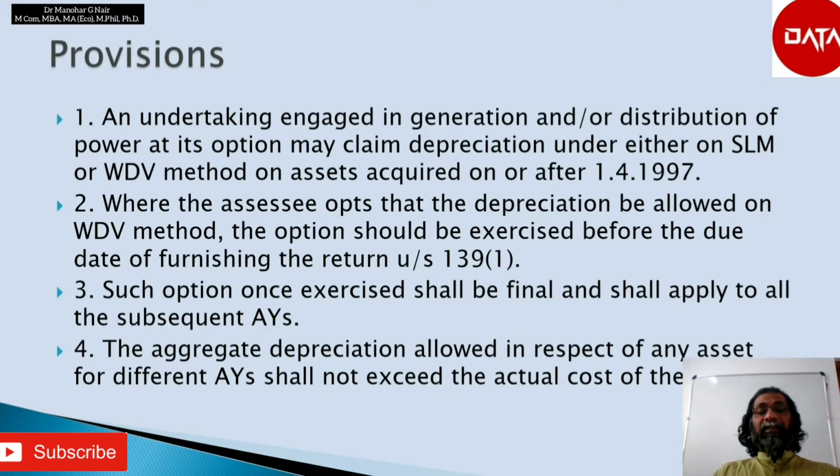Such options, once exercised, shall be final and shall apply to all the subsequent assessment years. The aggregate depreciation allowed in respect of any asset for different assessment years shall not exceed the actual cost of the asset.